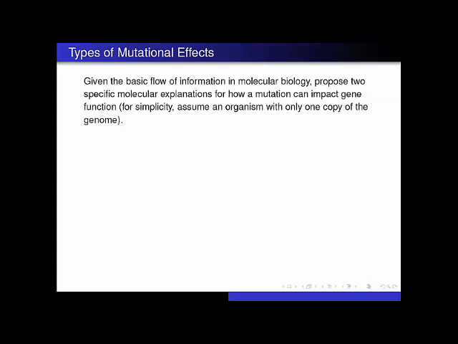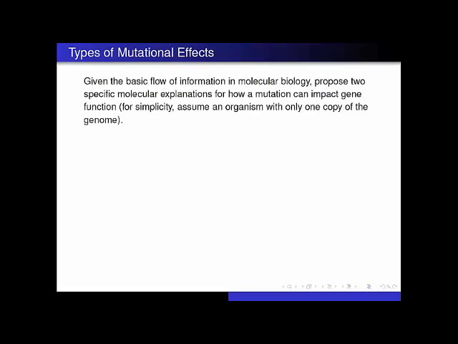So we just went rapid fire through the basic flow of information in molecular biology: DNA, RNA, protein, etc. Based on that information flow, I'm asking you to propose two specific ways.